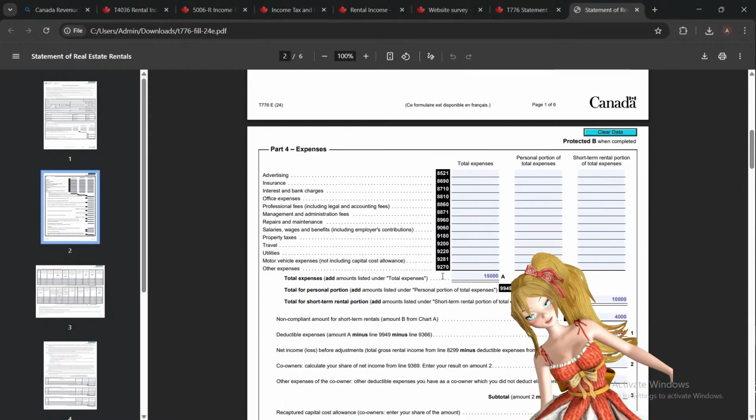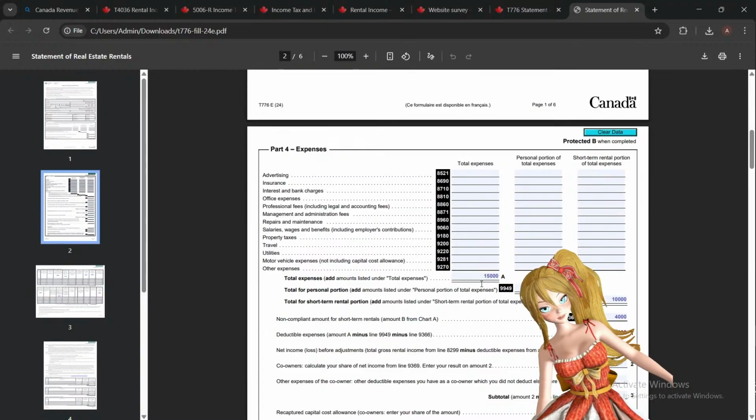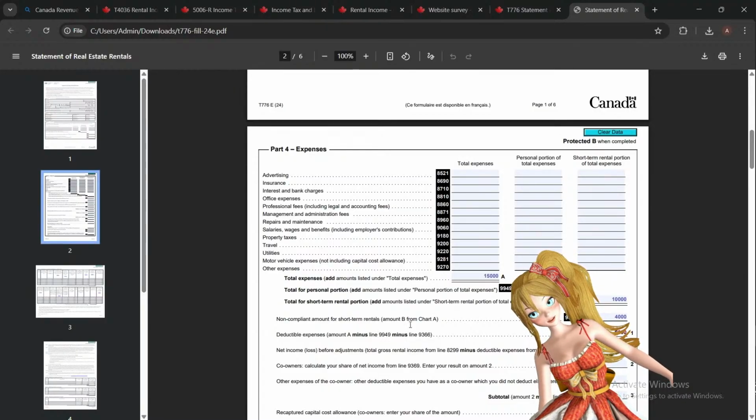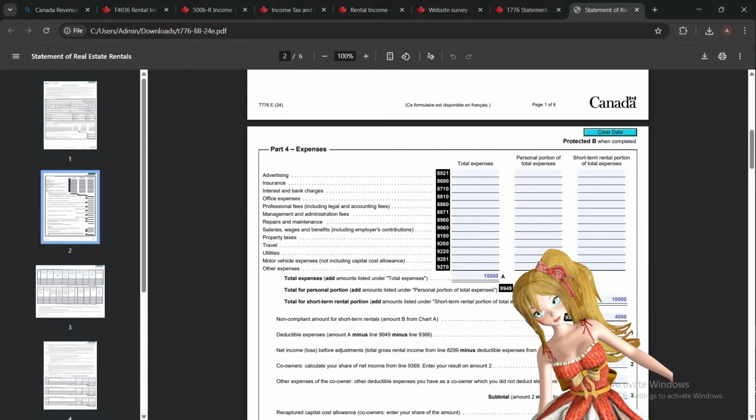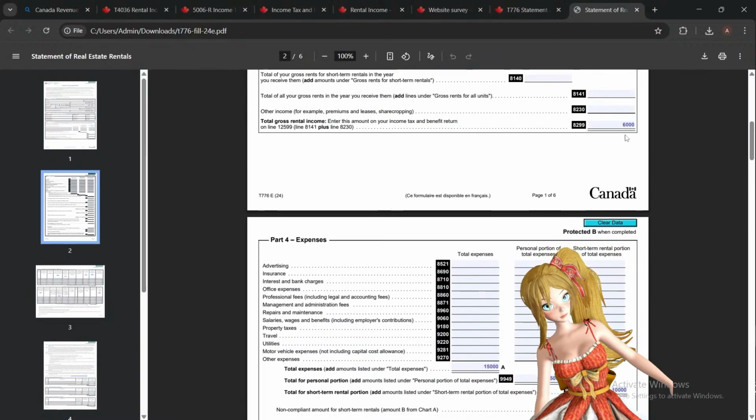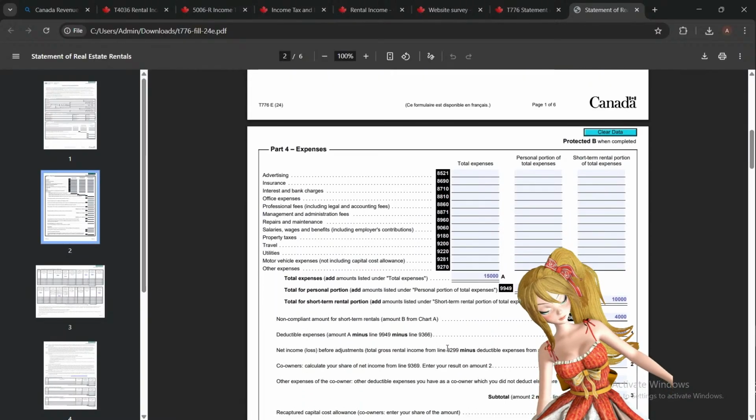Then the deductible expenses would be the cost of the property minus the amount I live in, minus the deductible, 6,000. And the net income would be the amount I got, 6,000, minus the deductible. It's 0.